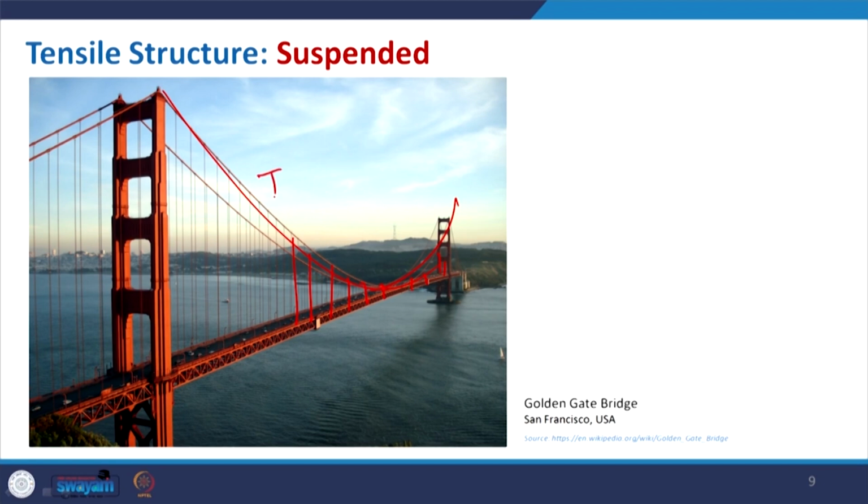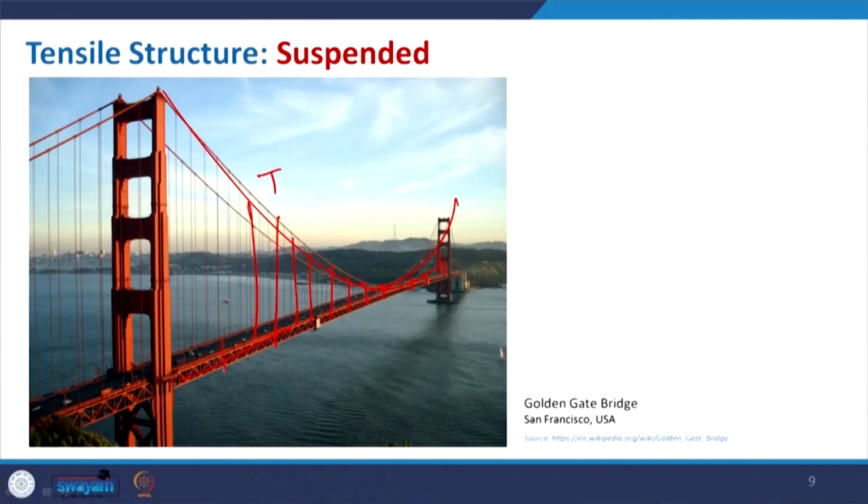So, in this case these tensile cables are also trying to take care of the tensile force that is being generated in this particular bridge. So, whenever there is some imposed load on this, it puts some pressure on the structure and that is taken care of by this cable which is suspended from a running cable.